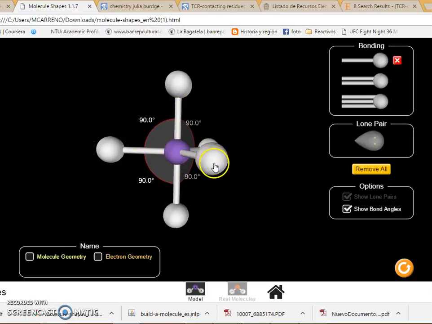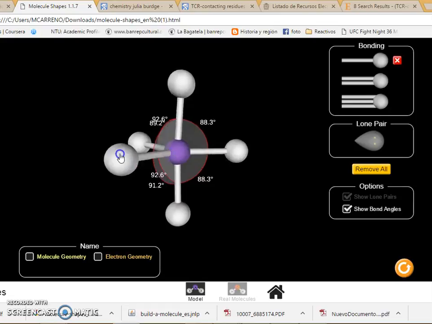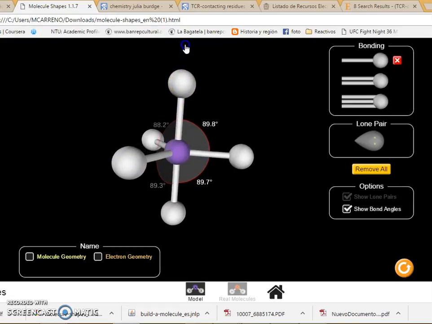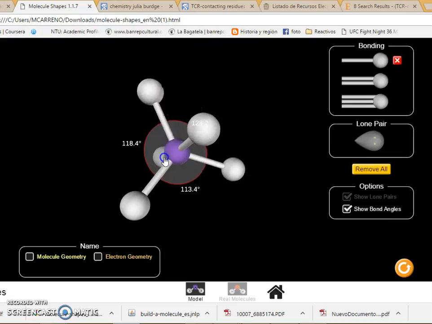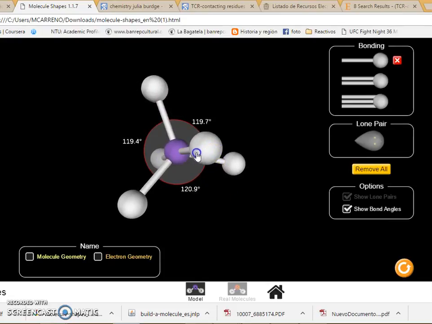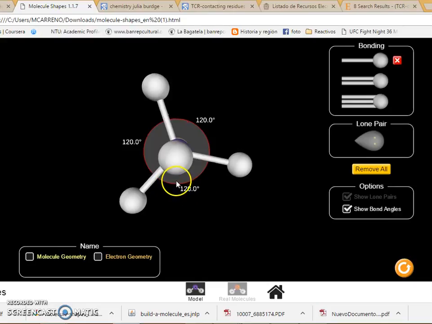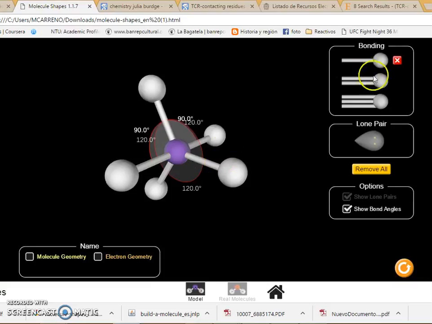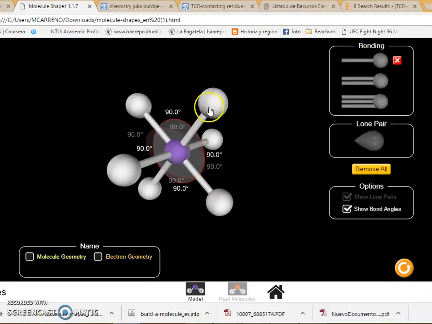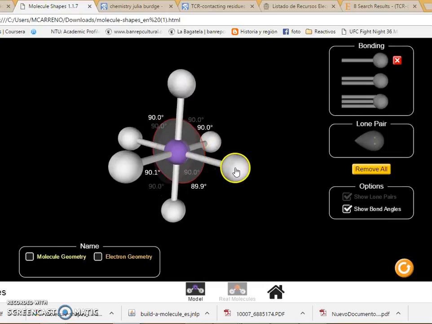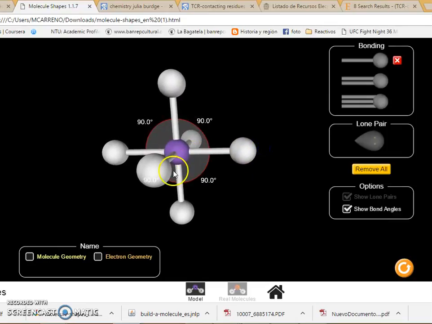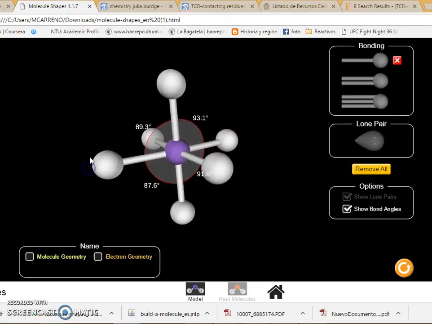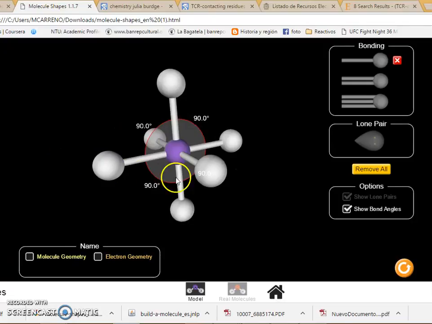One of them is 90 degrees. The other one, if I'm able to see it, is 120 degrees, between these two atoms. And if we add the last atom, we will have the octahedral molecule, in which all the atoms are bonded by an angle of 90 degrees, distributed in space like that.